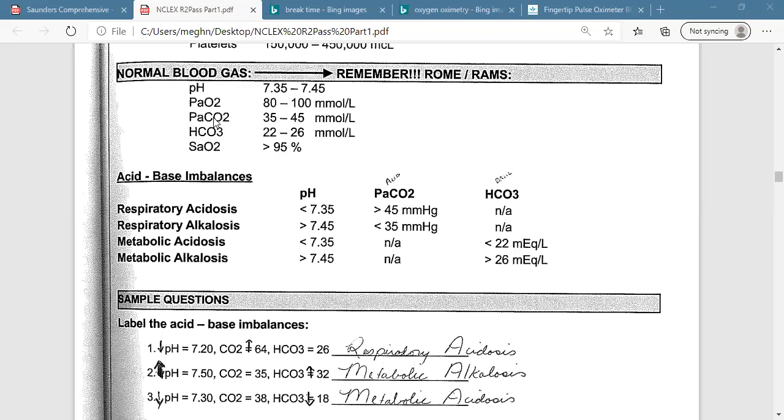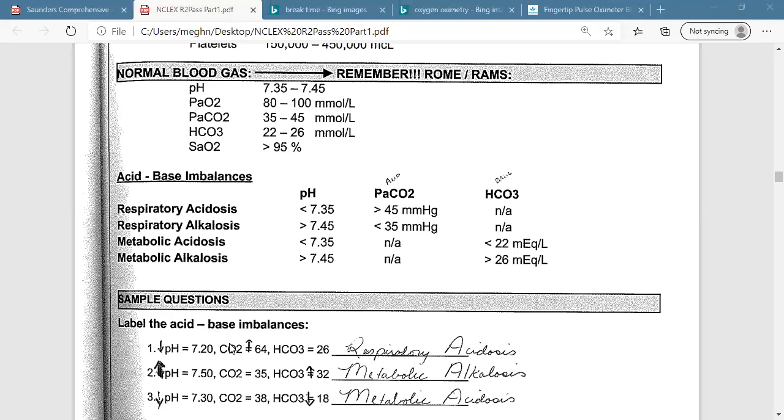So the partial pressure of carbon dioxide is the marker for a respiratory problem. The normal range of carbon dioxide is 35 to 45. If the partial pressure of carbon dioxide is not in this normal range, my patient has a respiratory problem.